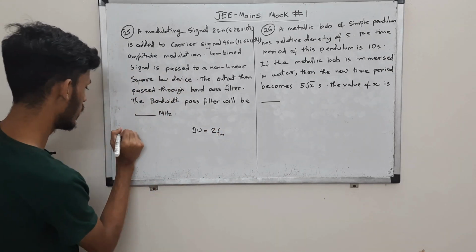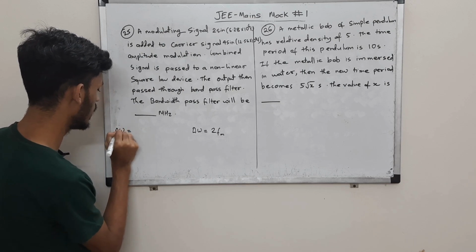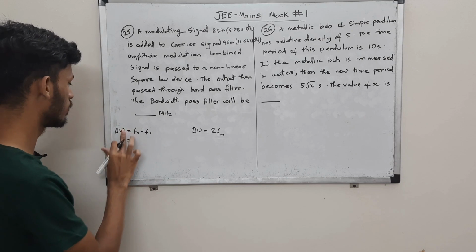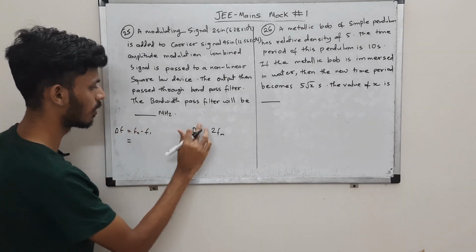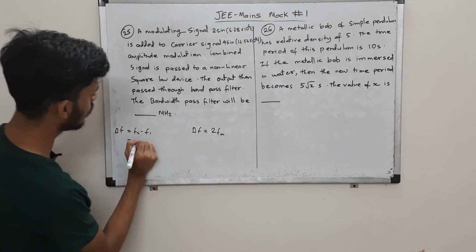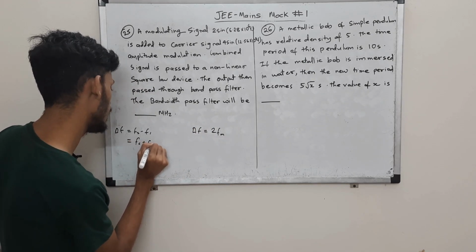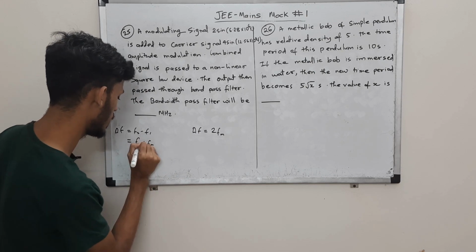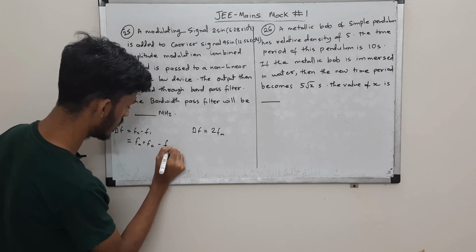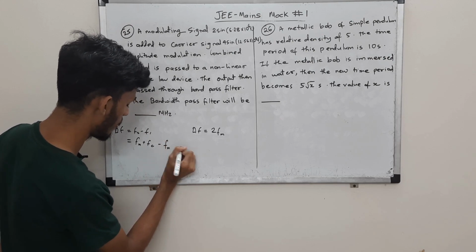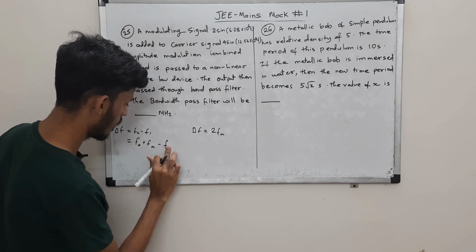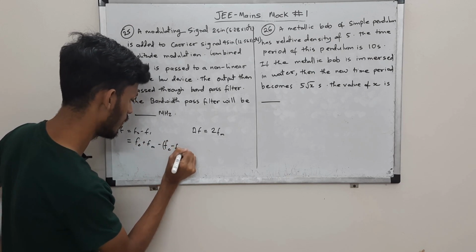Bandwidth, you might know, is basically the difference in frequencies, f2 minus f1, right. I shall write it as delta f, not to confuse with omega. So bandwidth is f2 minus f1. f2 is fc plus fm, and f1 is fc minus fm.